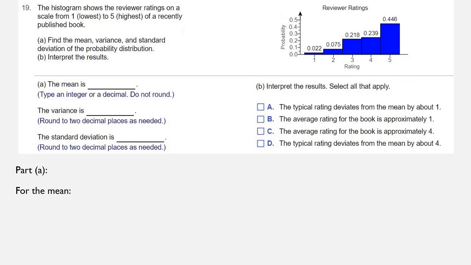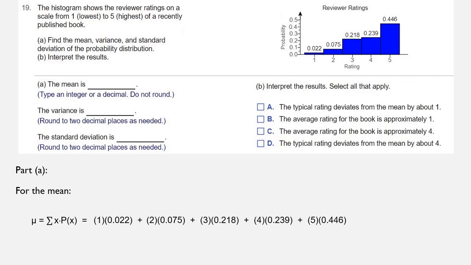The mean is equal to the sum of x times p of x, each value of the random variable times its probability. So we're going to take 1 times 0.022, 2 times 0.075, 3 times 0.218, 4 times 0.239, and 5 times 0.446.